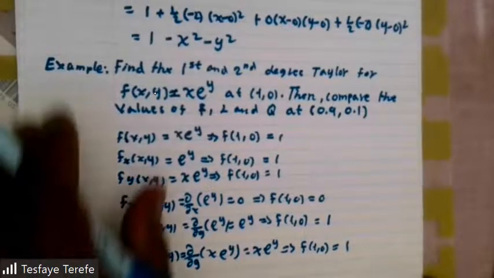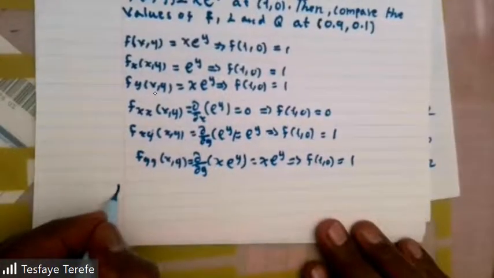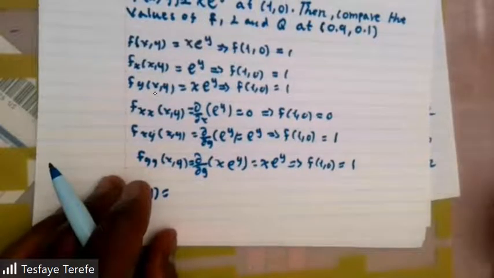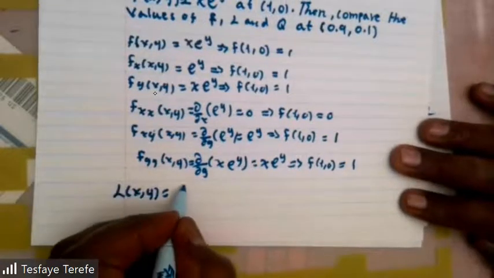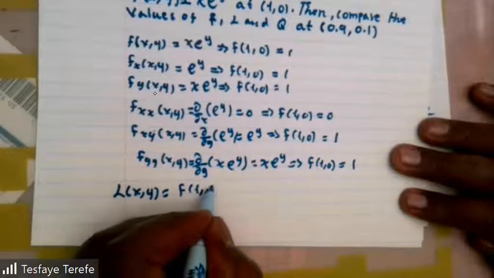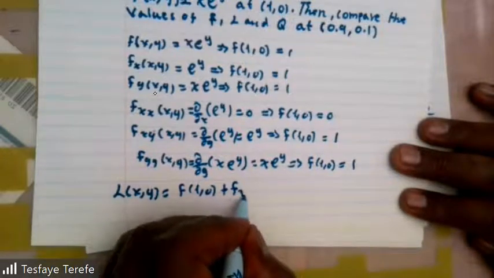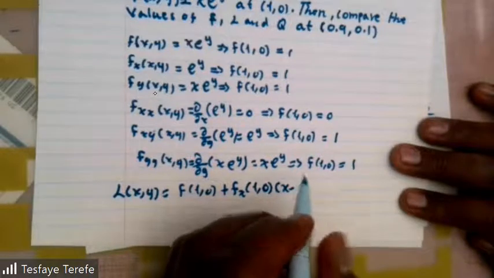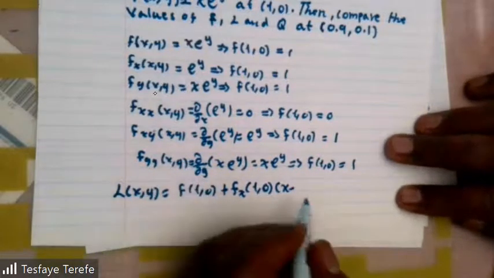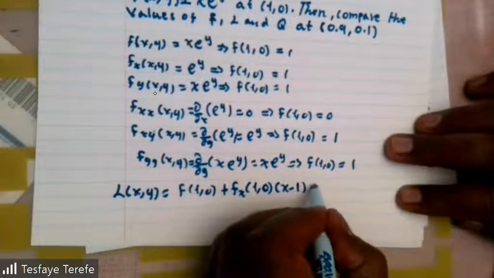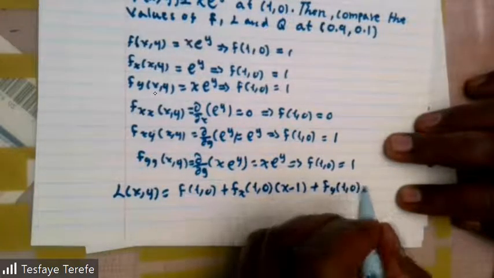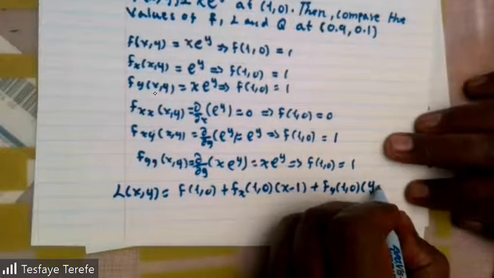Then let us find the linearization. It will be f of (1, 0) plus the partial derivative with respect to x at (1, 0) times x minus 1, plus the partial derivative with respect to y at (1, 0) times y minus 0.